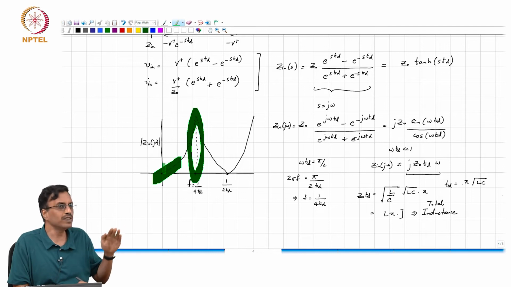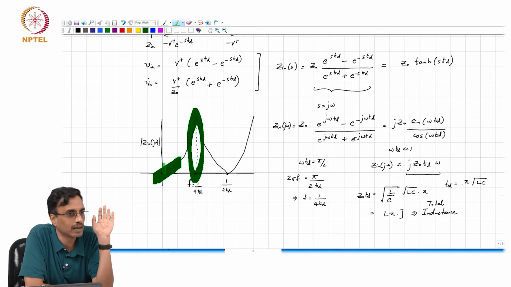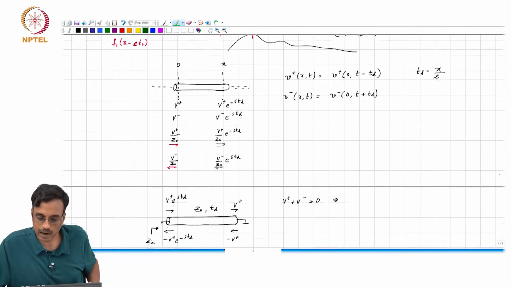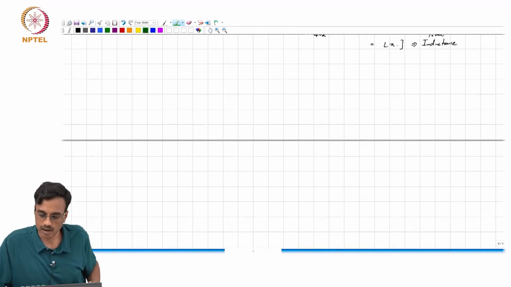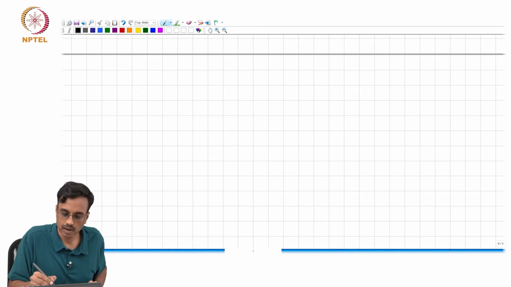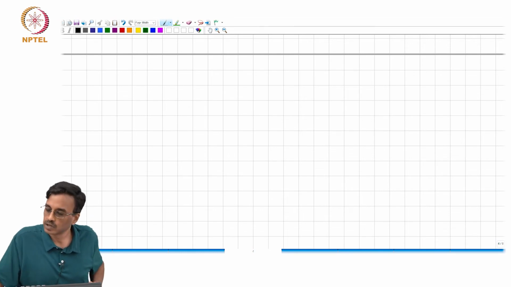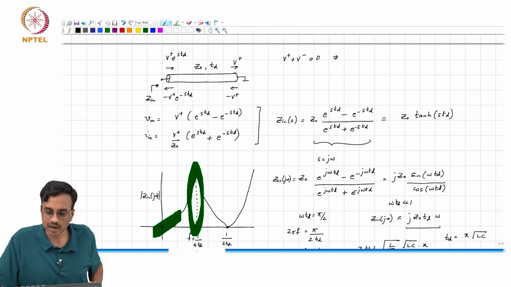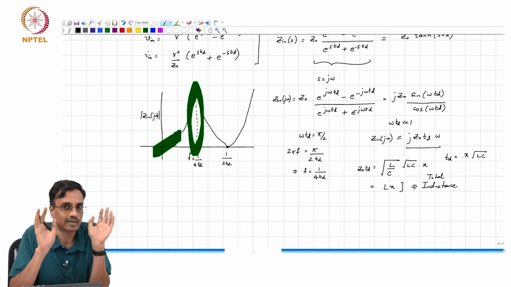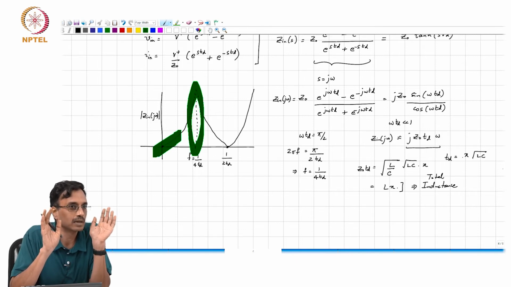The best thing you can do is get a small inductance, correct, all right. Now, I am going to quickly take a few minutes and finish off the open circuit stuff too. So, the bottom line is that the perfect short circuit does not exist. That's your take home message, all right.